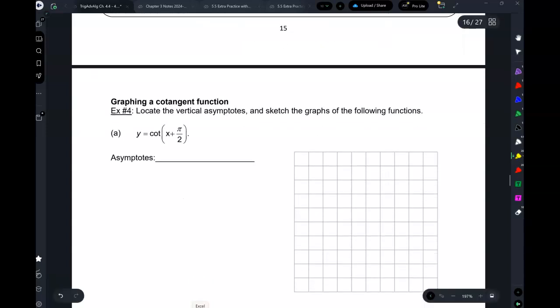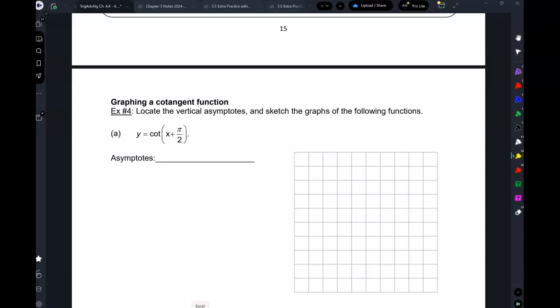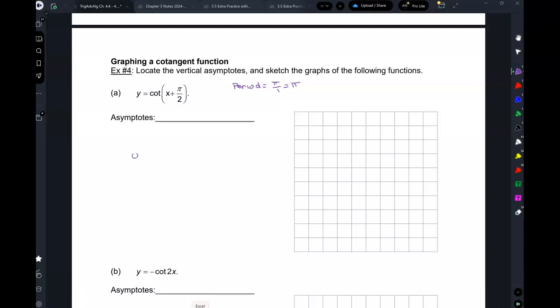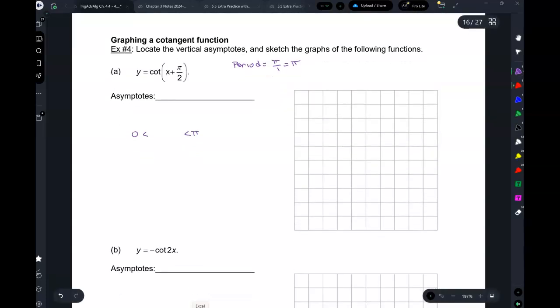Cotangent of x plus pi over 2. The period is pi over 1, which is pi. Okay? So let's see how we're going to graph this one. All right, so we're going to go from 0 to pi. Okay, this is different from all the other ones. Inside, we're going to put x plus pi over 2. Right? So now, what do I do?